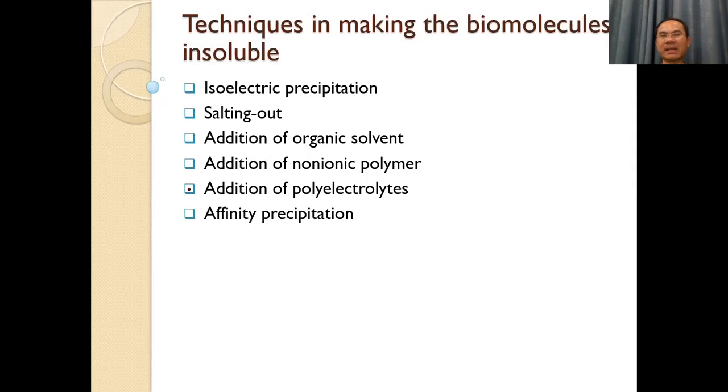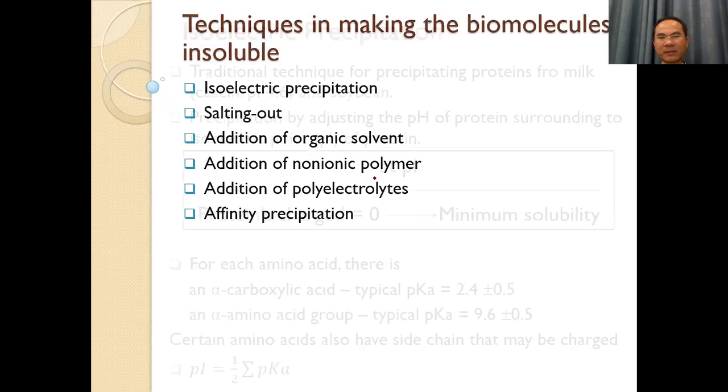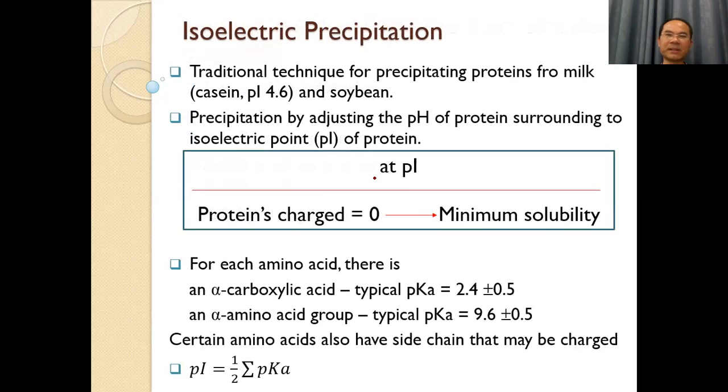We can do this by isoelectric precipitation, because the isoelectric point is where solubility is at a minimum. For some agents, when we add them the solubility increases, but for others, when we add them the solubility decreases. Or we can add organic solvent, add non-ionic polymer, add polyelectrolyte, or use affinity precipitation. The first technique we'll talk about is isoelectric precipitation.